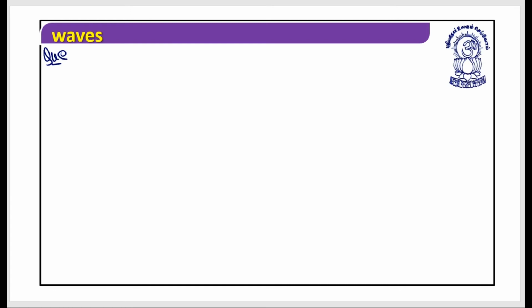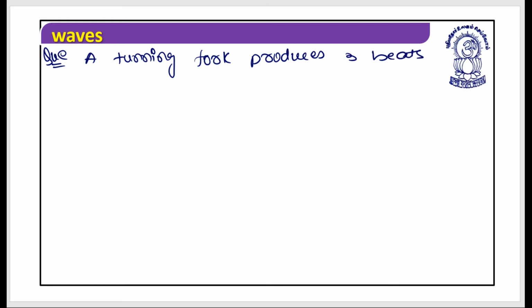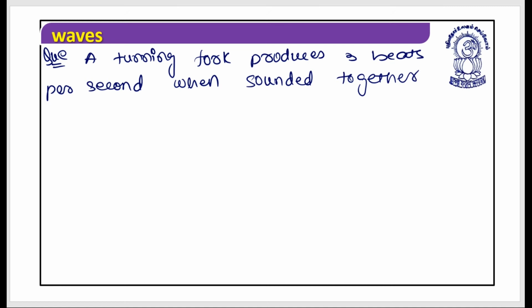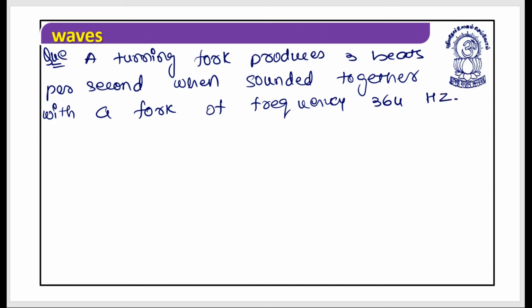Let's have a look. The question says that a tuning fork produces 3 beats per second when sounded together with a fork of frequency 364 hertz.